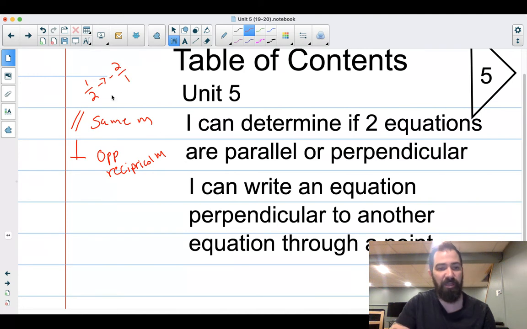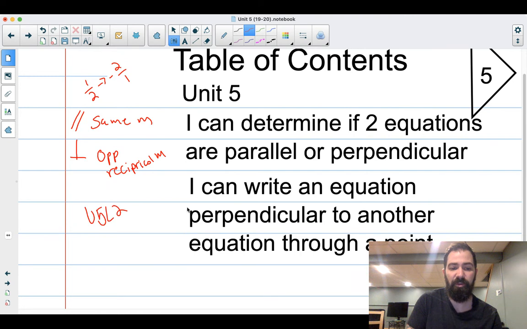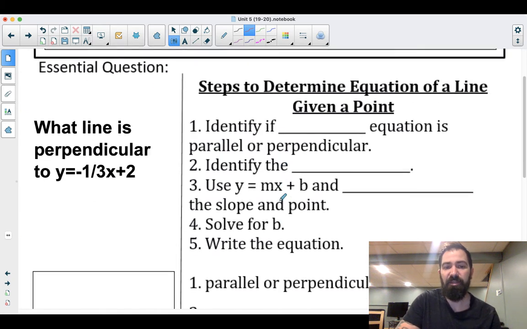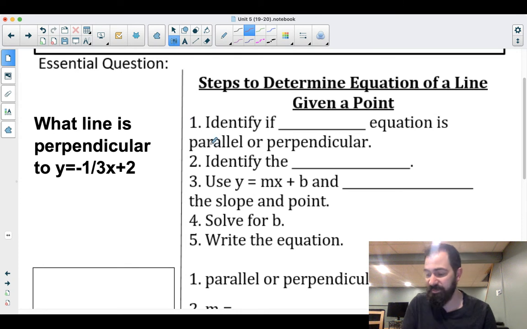Flip that fraction. Today, Unit 5, Lesson 2, we're going to write an equation perpendicular to another equation through a specific point. So let's look here. A couple steps when we go through this whole process. First, you want to identify if the new equation is parallel or perpendicular.